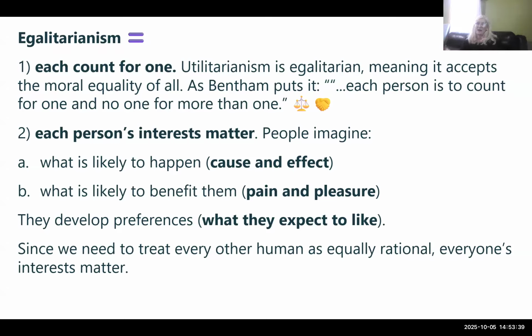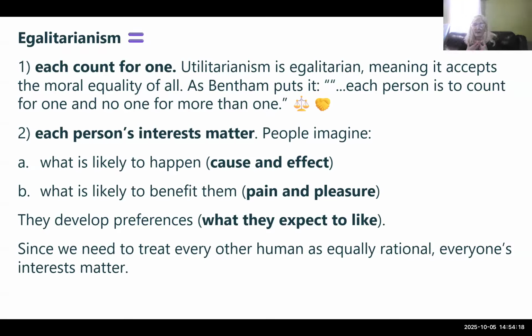Each person's interests matter as well. So I want you to recognize that other people, as well as you, imagine what is likely to happen. They think about cause and effect ahead of time, and they also think about what's likely to benefit them or harm them. So they think also about pain and pleasure. This is what we are always imagining the world to be: something that has causal forces at play, and those could be painful or pleasurable.